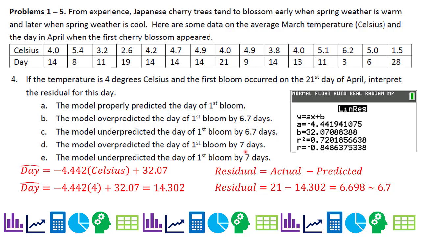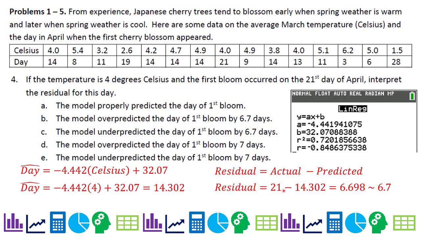So we have a positive residual. Now, you could memorize positive as over or under predict. For me, it's usually easier just to look at the actual and the predicted. So the actual is 21 days, but we only predicted 14 days. Did we actually under or over predict? We actually under predicted.